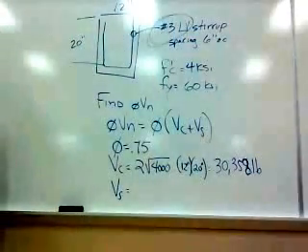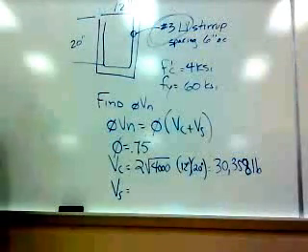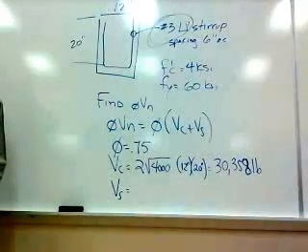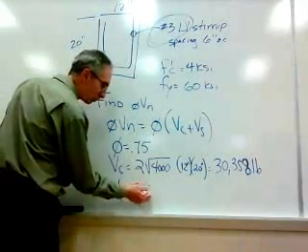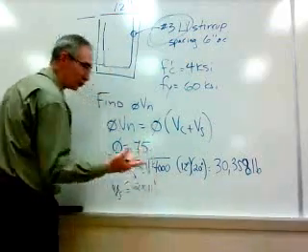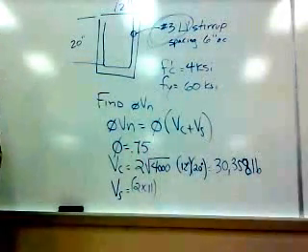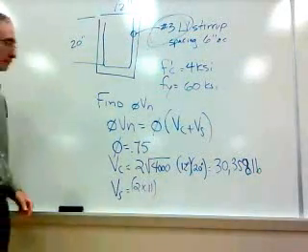So what's the area of a number 3 bar? 0.11. What is my Av for a number 3 U-shaped stirrup? 0.22. It's 2 times 0.11 because I've got 2 legs. A U-shaped stirrup has 2 legs. Those 2 legs are going to be the pieces of steel that intercept the crack.